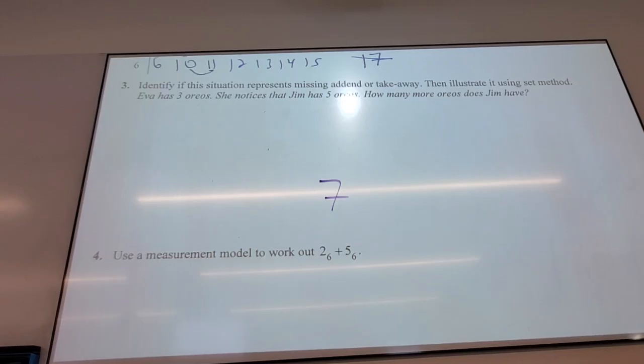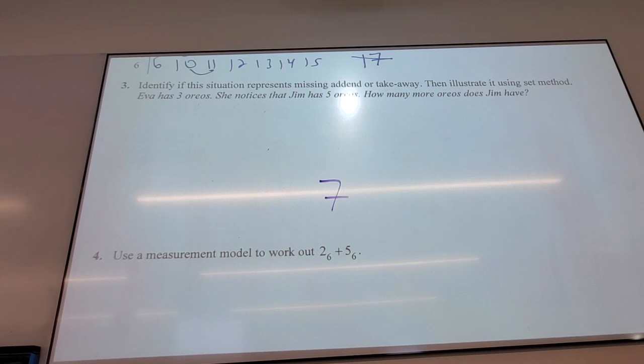So what method would the subtraction represent here? What would she be most curious about? She's curious how many more he's got, but what do you guys think? Would it be missing addend or take away? Missing addend. She's like, how many more would I need to have the same?